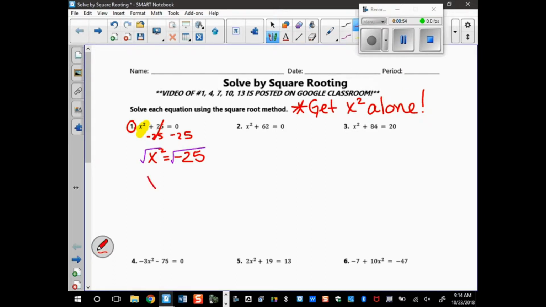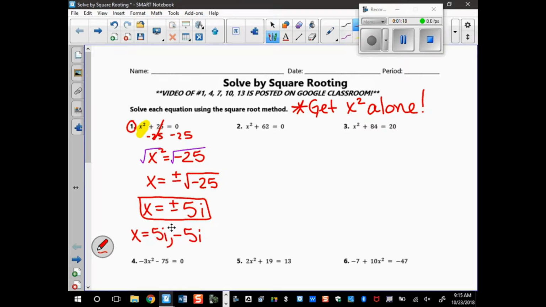Don't forget that is going to be plus or minus root negative 25. We have already learned how to do negative roots. So this would end up being x equals plus or minus 5i. i is your negative, 5 is the square root of 25. And you would be done. If you prefer, you could write it x equals 5i or negative 5i. That's up to you.